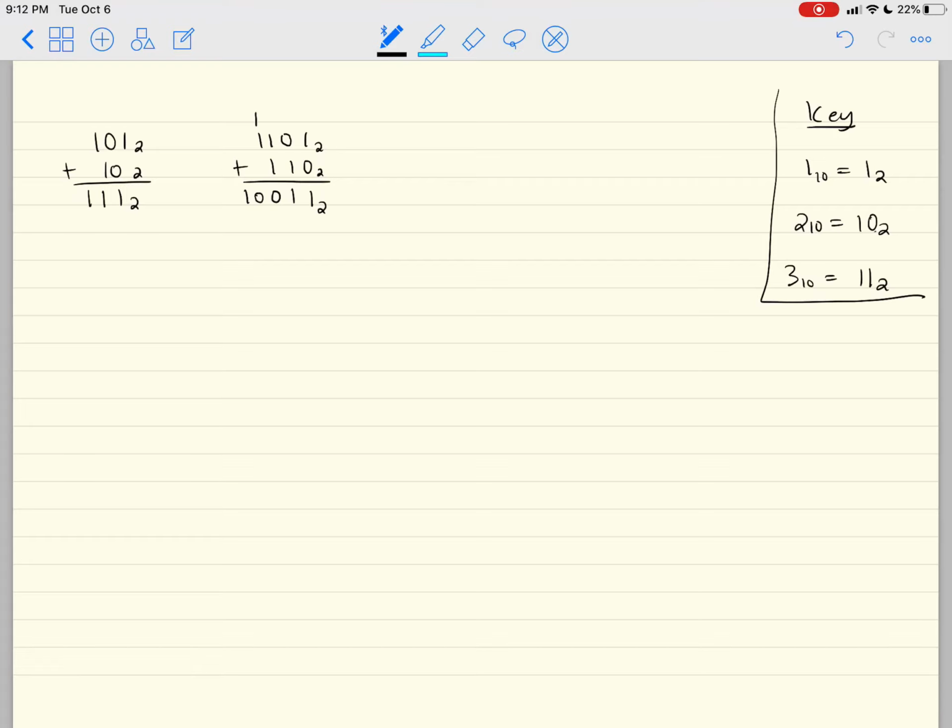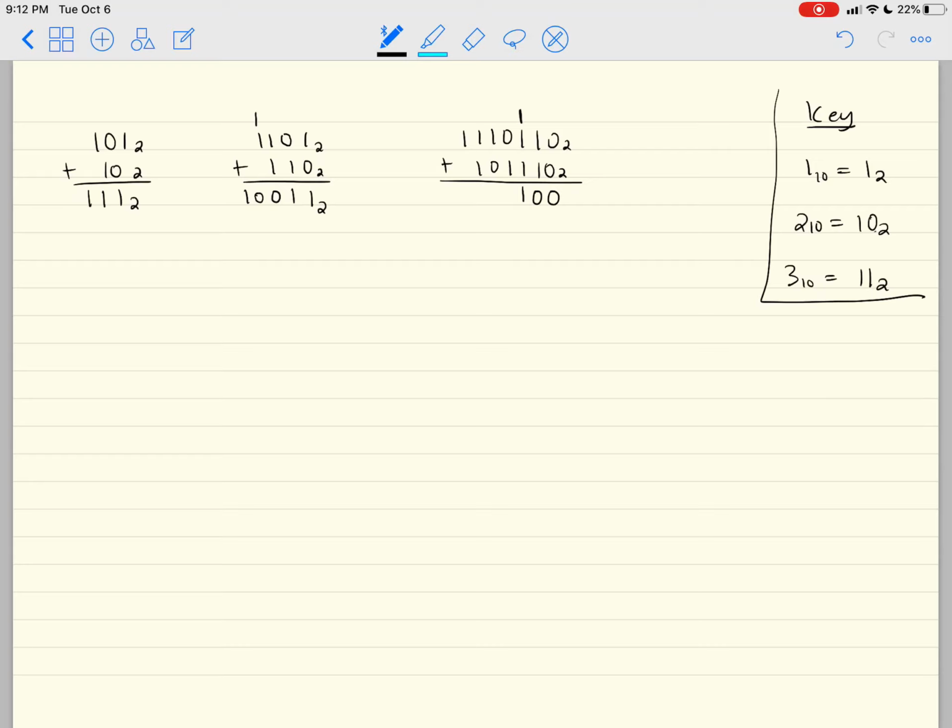Okay. One more addition problem. 0 plus 0 is 0. 1 plus 1 is 2, but I will write it as 10. I now have 1 plus 1 plus 1, which is 3.